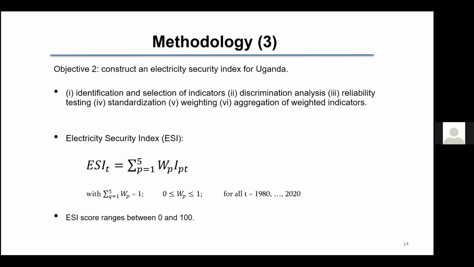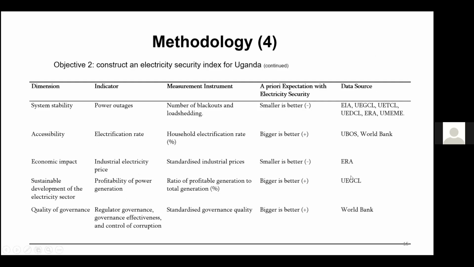And this indicator will be the weighted sum between 0 and 1, for the period, data permitting, between 1980 and 2020. So in the interpretation here, the score ranges between 0 and 100, 0 being weak performance, and 100 will take you to best performance for that particular country. This is objective number 2, in terms of the indicators or dimensions that I've just been talking about.